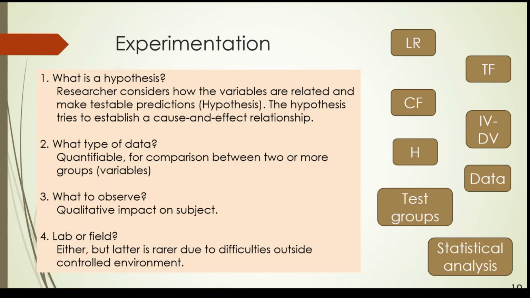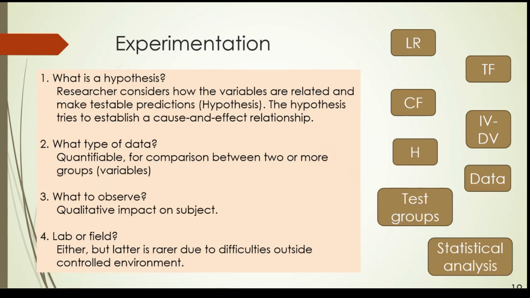So how do we do it? We can do it inside the lab. But for IT, it's not just the lab. Maybe for the chemist, definitely it has to be inside the lab. But for IT, we can also do it in the field. Maybe in a classroom, maybe in certain organizations. But you try to minimize the factors.